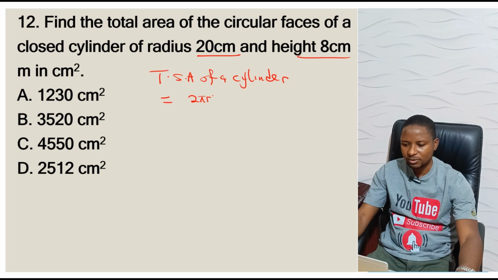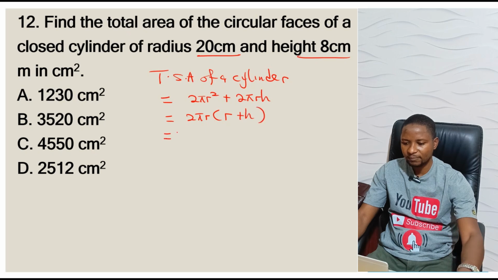At the bottom, pi r squared, has 2 pi r squared. And the curved surface area is 2 pi r h. Again, here you can factor 2 pi r, and in the bracket you're left with r plus h. Now you input all your values. Pi, if it is not given, you use 22 over 7.